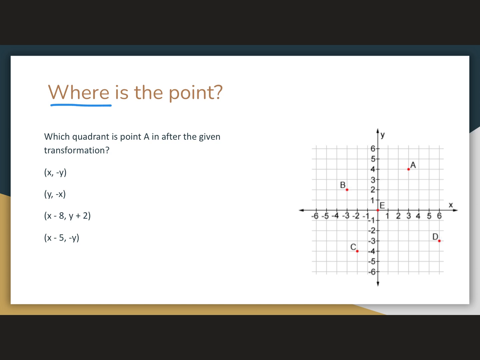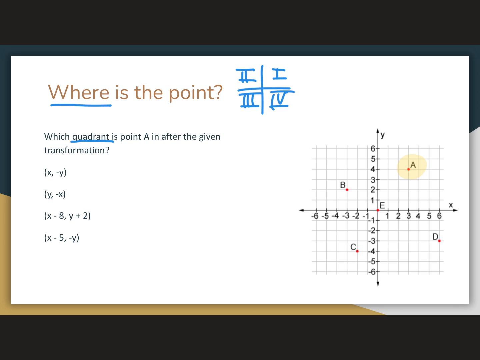Okay, so now let's talk about this. Which quadrant is point A in after a given transformation? So in case you don't remember, the quadrants of our graph here is quadrant 1, 2, 3, 4. And they are always written in Roman numerals, okay? So I can see that A is starting out right here.